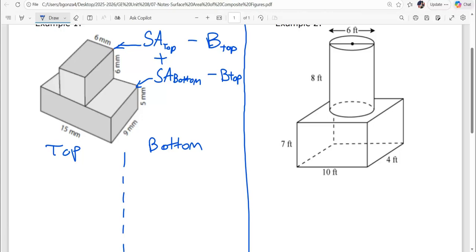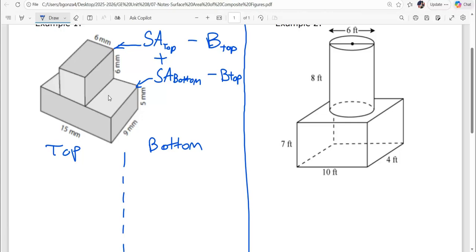So, what is the top shape? What is this whole 3D shape right here? Is it a cylinder, prism, pyramid, or cone? Prism! Rectangular prism, right? How do I find the surface area of a prism?